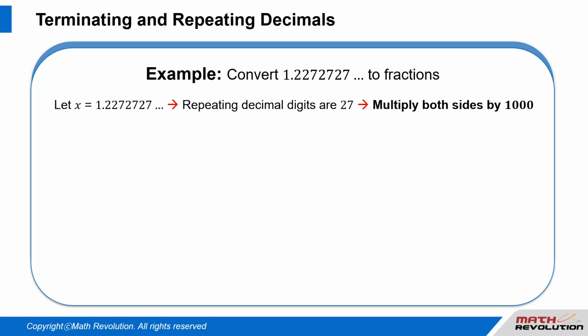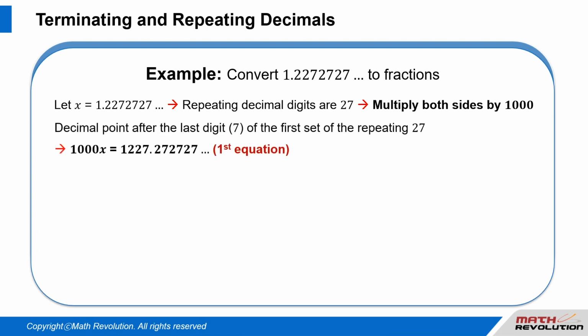Next, since the repeating decimal's digits are 27, we multiply both sides of x equals 1 decimal 2272727 recurring by 1,000, so that the decimal point will be after the last digit 7 of the first set of the repeating 27. That is, 1000x equals 1227 decimal 272727 recurring, which we take as first equation.